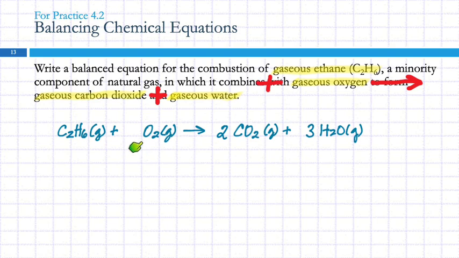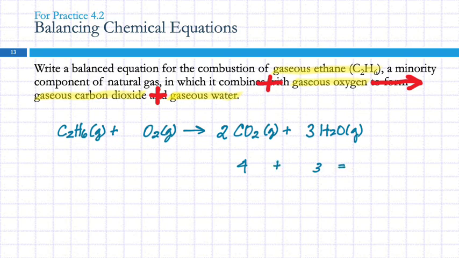So now we have 2 oxygens here. We can change this coefficient and it's not going to mess anything up. So what we're going to do is we're going to go and see what's over here so we can tell what should be here. So in this one, 2 CO2s, I have 4 oxygens. And in 3 water molecules, I have 3 oxygens.